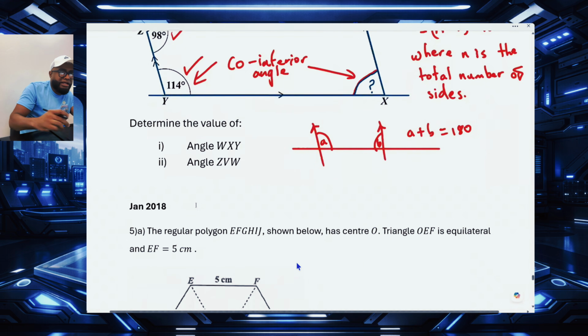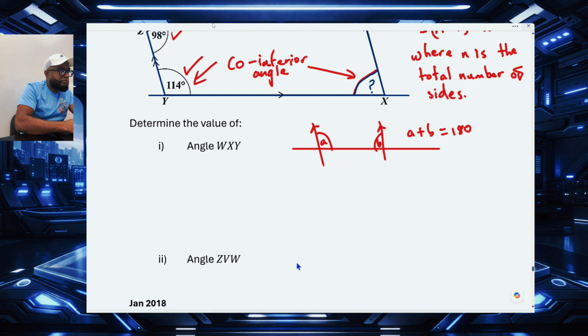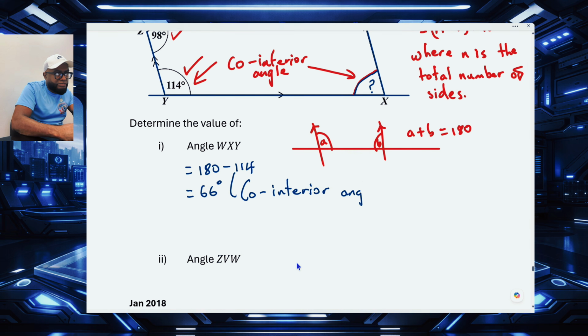What would my working look like? 180 minus 114 equals 66. 180 minus 114 would be equal to 66 degrees, and my reason would be co-interior angles add up to 180.